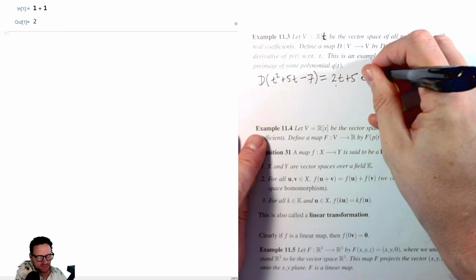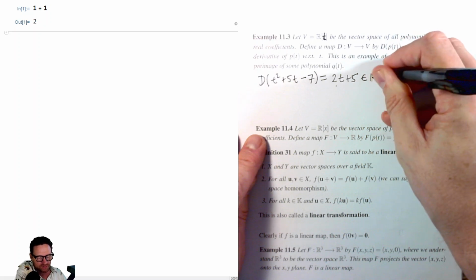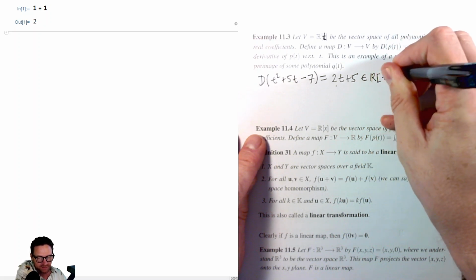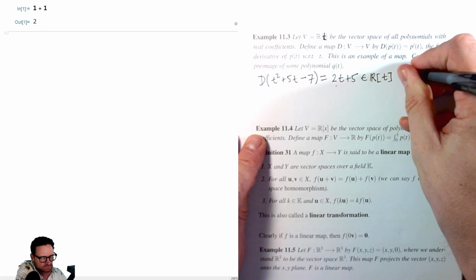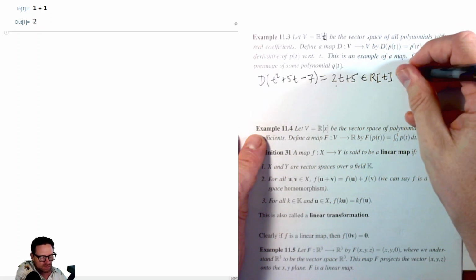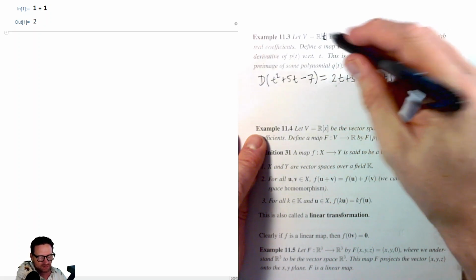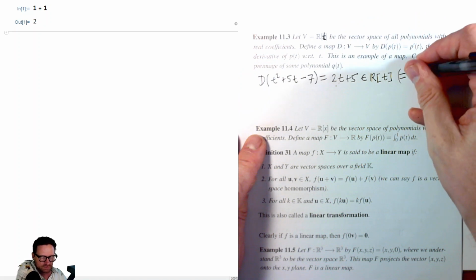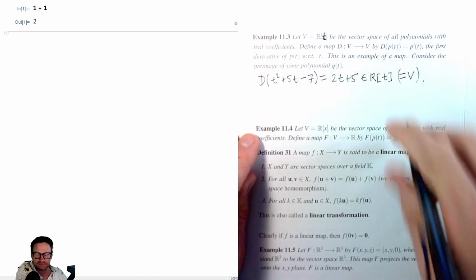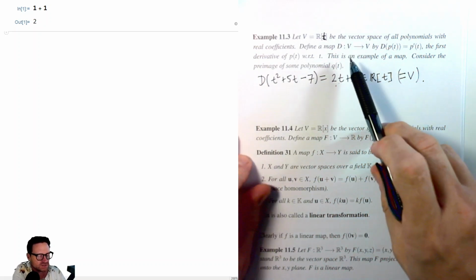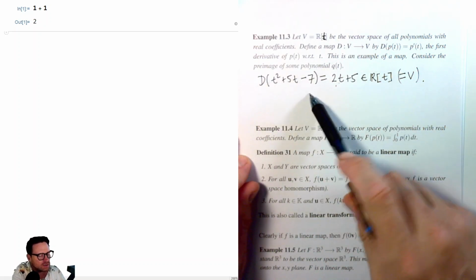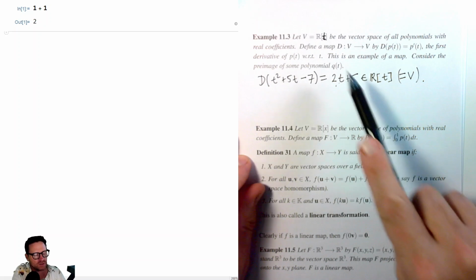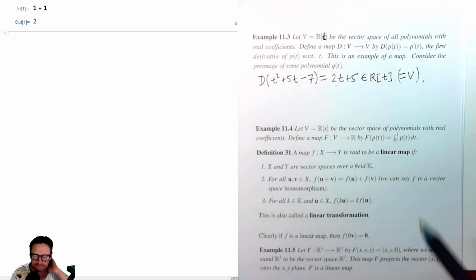Now this is a polynomial with real coefficients, and so the result is in V. So it does map a polynomial to a polynomial with real coefficients.